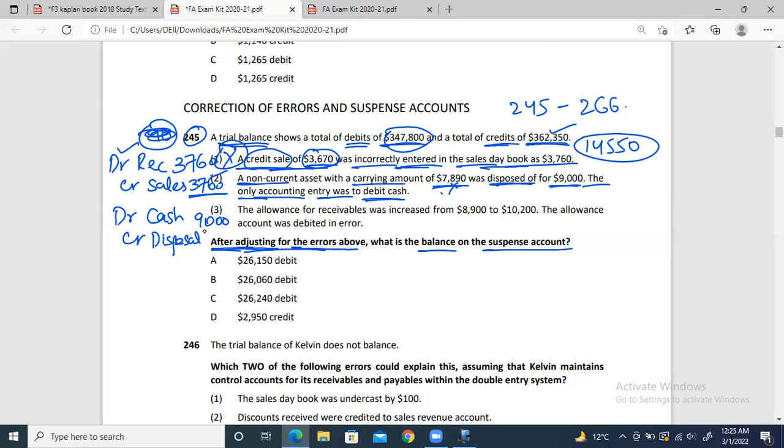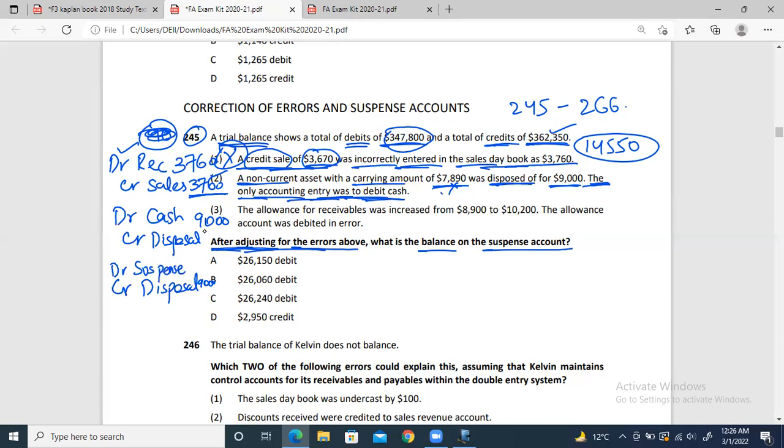But the profit is not required here, because from reading this line, the only accounting entry was to debit cash. It's clear that it's talking about the double entry for disposal, for the proceeds. So it has not done credit disposal. For correcting this, we'll do credit disposal by 9,000. And debit, what will we do? We'll debit suspense.